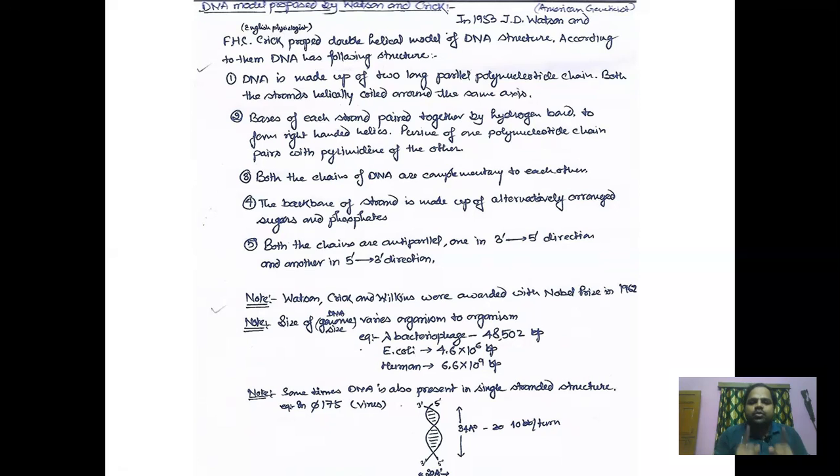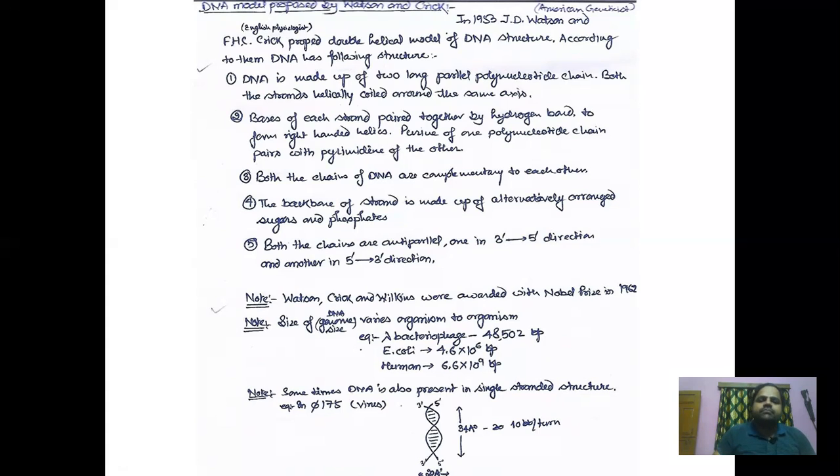It means two strands are formed by the polymerization of nucleotides, both polymers form a chain-like structure, and both are arranged helically, making a helix around the same axis. The second point is that the bases of each strand are paired together by hydrogen bonds to form a right-handed helix. So this helix will be right-handed.